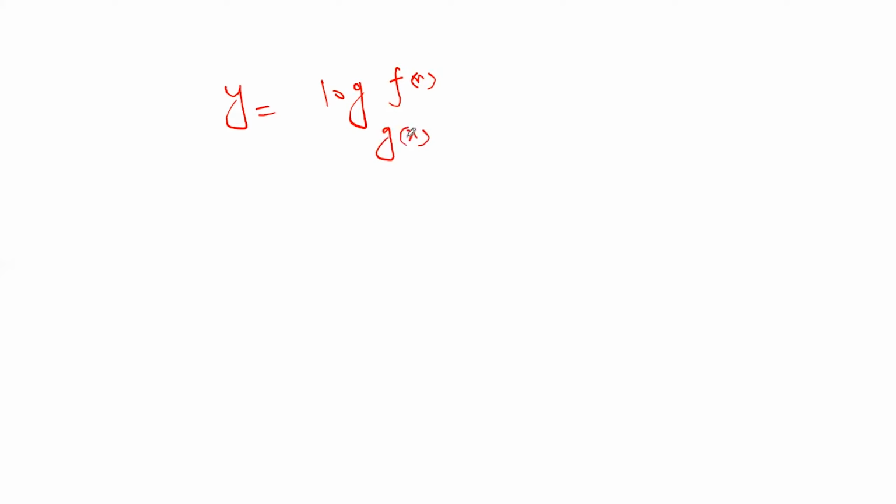For log f(x) base g(x), f(x) must be greater than 0, g(x) must be greater than 0, but g(x) must not be equal to 1. All three conditions have to be satisfied simultaneously. Next class, we'll start from this concept only.